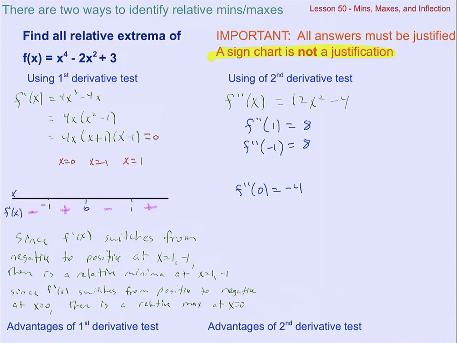And so we can see that f double prime of 1 and negative 1 is positive. So since f prime of 1 and f prime of negative 1 are both 0, and f double prime of 1 is positive, and f double prime of negative 1 is also positive, those are the two conditions, that the derivative must equal 0 or not exist, and the second derivative must be positive.